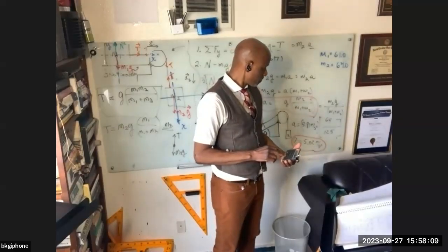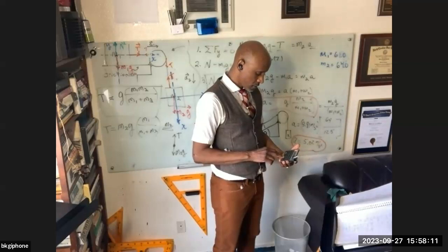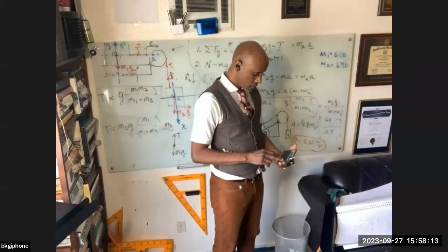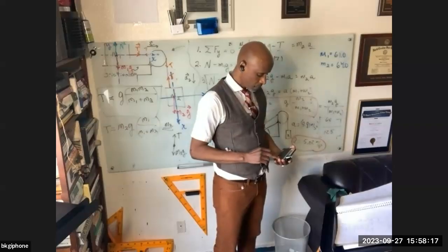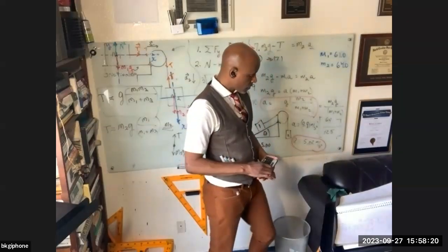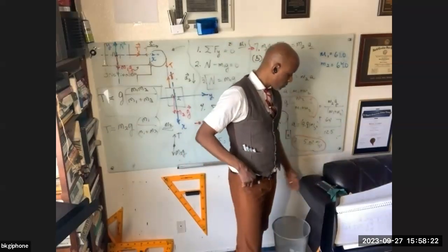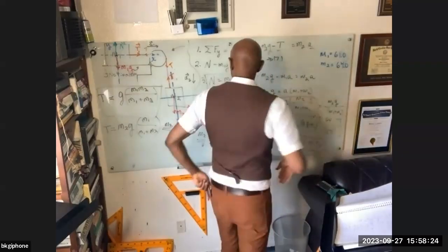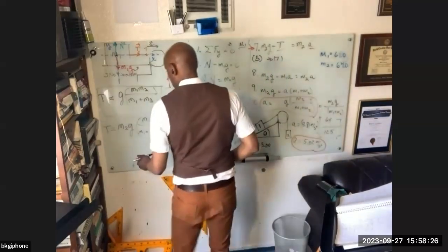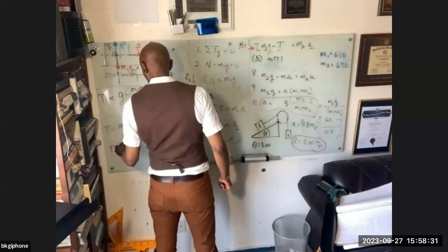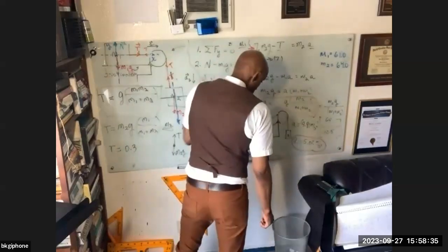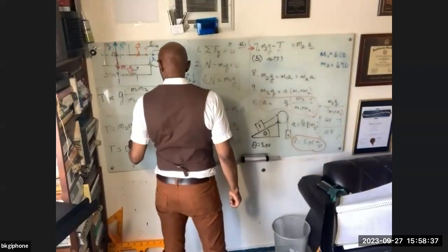Let's see what we get. 0.064, right? Times, well, 0.3. Sorry, I was off by a factor. So 0.321 newton. So not even a newton, very light. So T equals, keeping the right significant digits, 0.321, technically, newtons.